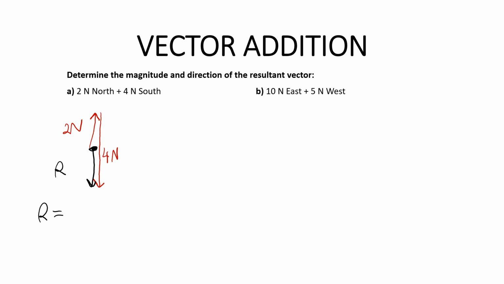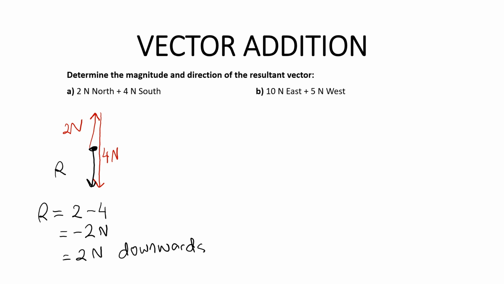So here we have 2 upwards, so plus 2, and 4 downwards, so minus 4, and this equals negative 2 newtons, which equals 2 newtons downwards. Or we can say 2 newtons south. So the magnitude is 2 newtons and the direction is downwards.